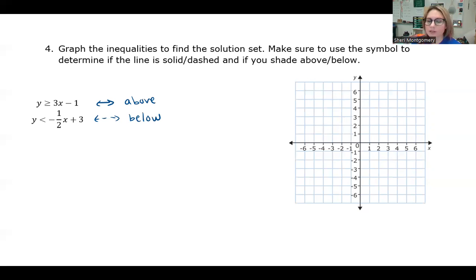The top one, you graph them similar to a line. The top one, I have to do the y-intercept, which is at -1. The slope is 3, so that's up 3/1. And it's a solid line, so I'll make a solid line.